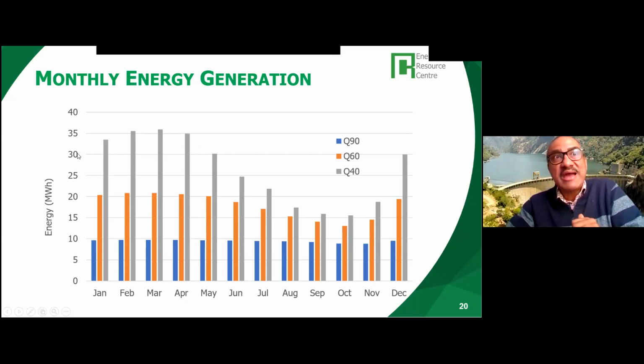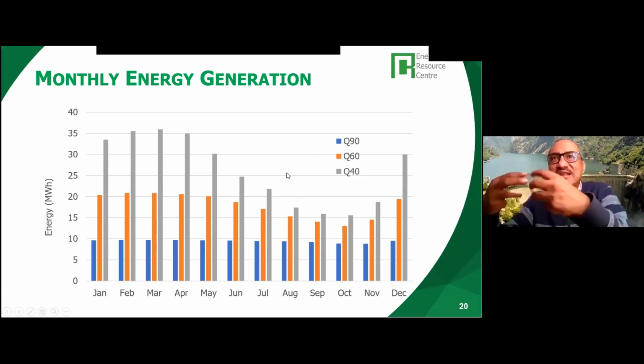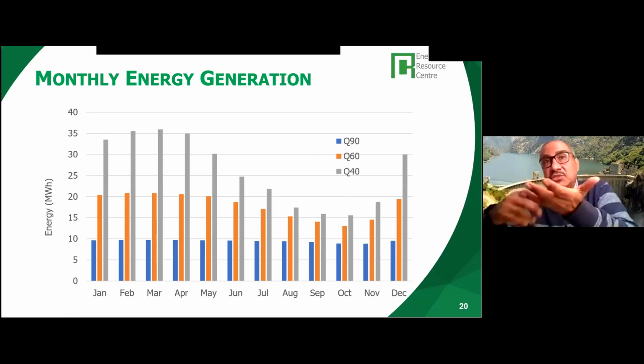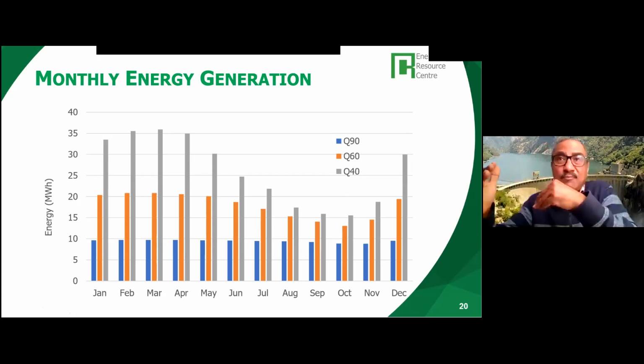Suppose your demand is 30 megawatt hour in all the months. What will you do? In 6 months you have 30 megawatt hour, but in the other 6 months you have less than 30 megawatt hour. This is what is known as a power mix. If you have multiple power projects, hydro of different types and sizes, reservoir hydro, solar, bioenergy, and thermal also, then you could design an optimal mix.